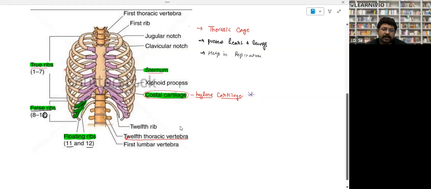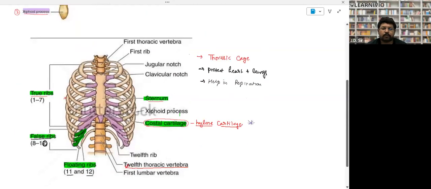Go through it and tell me, is it clear? Everything clear? If you have any doubt, ask me. The frequently asked questions: which of the following are false ribs, and what is the function of floating ribs? That is the question I have seen asked. And you need to remember the type of cartilage. What kind of cartilage?